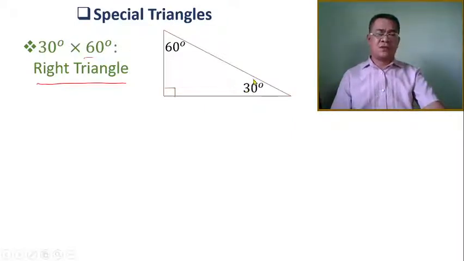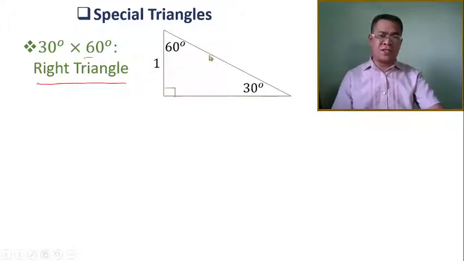So the side opposite to the 30 degrees, multiply it by 2, and that is the hypotenuse. Which means that if the opposite side is 2, multiply it by 2, the answer is 4. So for simplicity, we will assign this as 1, such that the hypotenuse becomes 2.